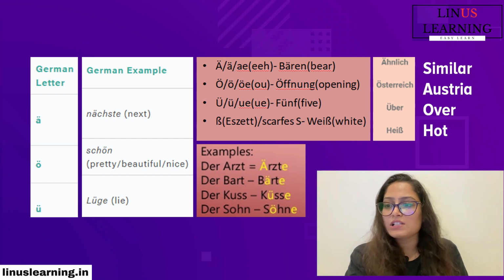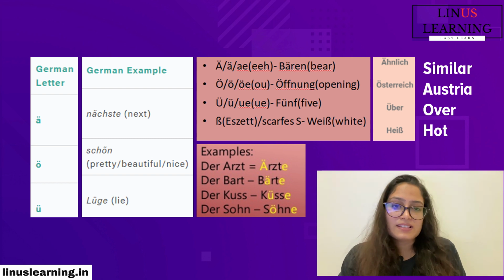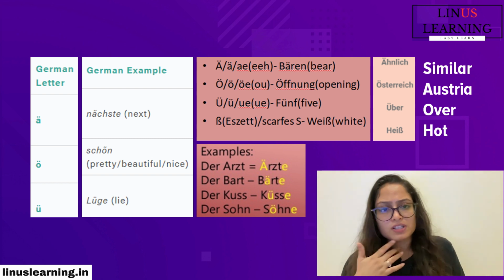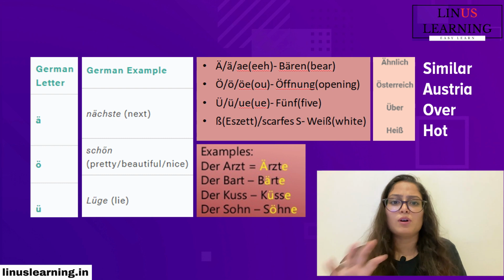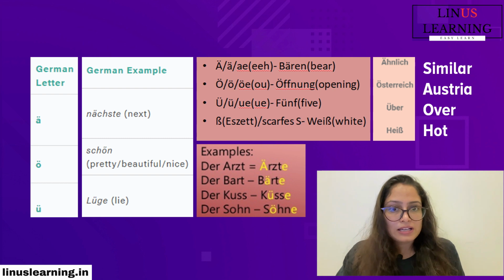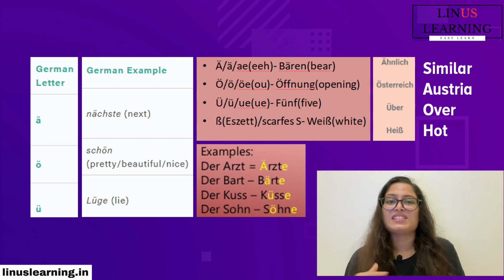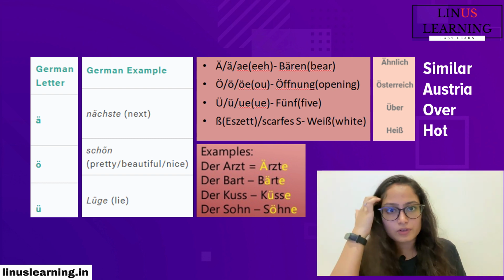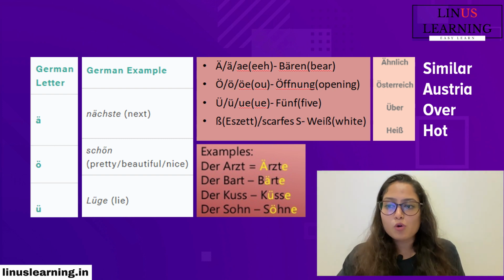Like I said, if you don't know how to write it in your system, if you want to write S set, then you can write double S. If you want to write A umlaut, then you can write AE for that, since the pronunciation is A. If you can't find O umlaut, you can write OE for that.